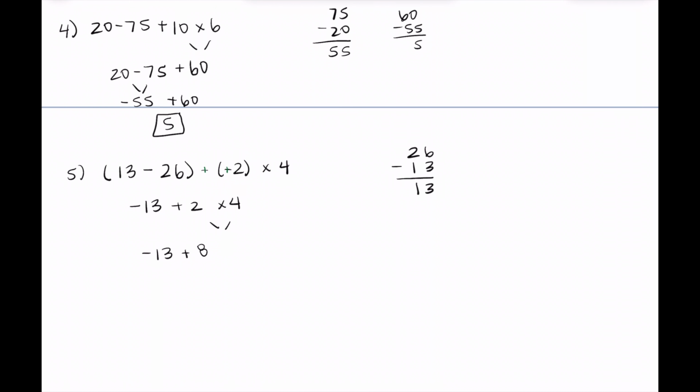And now we have negative 13 plus 8. For the negative 13 plus 8, we're at negative 13 and we're adding 8, so it's like we're moving to the right, right? If we move to the right, we become less negative. So we'll do 13 minus 8 on the side here. That gives us 5. But since 8 is smaller than the 13, we're still going to have a negative answer. So our final answer for number 5 will be negative 5.